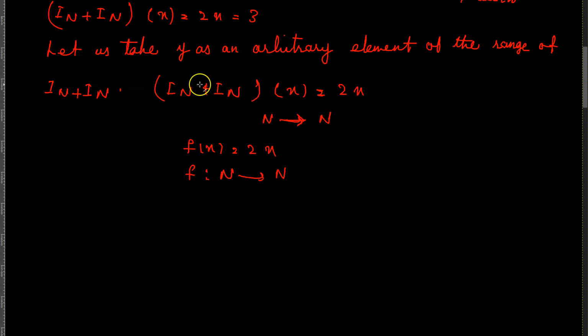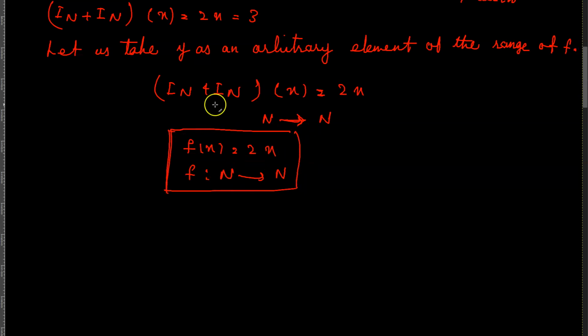It's an unusual, weird function, right? So let us take y as an arbitrary element of the range of f. Now I'm talking about this function, but these are actually the same functions. There is no difference.